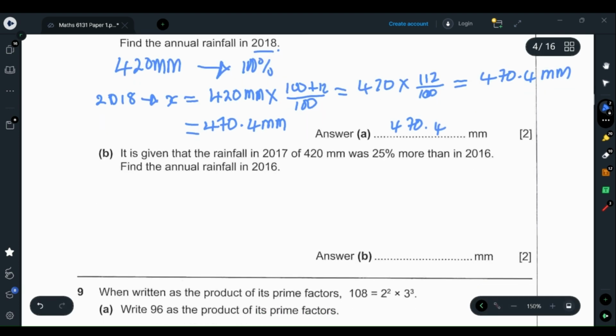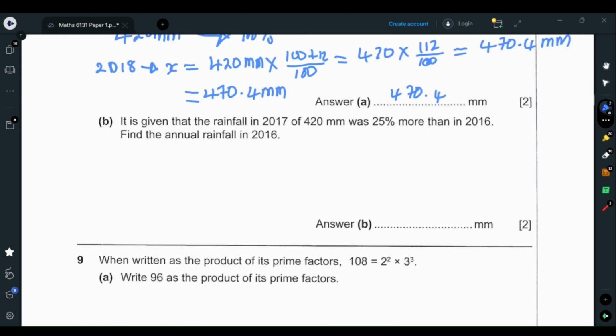Now B says it is given that the rainfall in 2017 of 420 was 25% more than the rainfall in 2016. So find the annual rainfall in 2016.